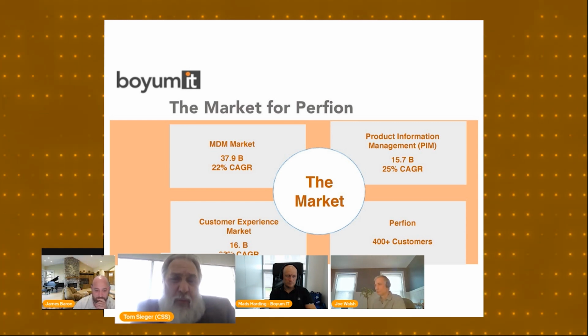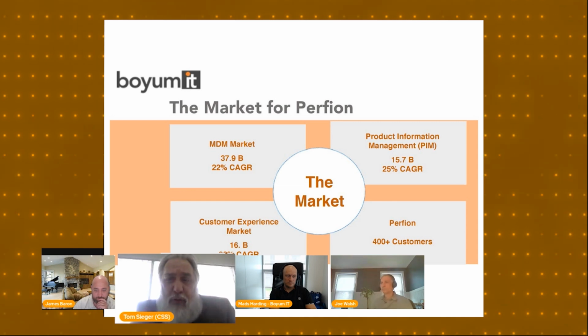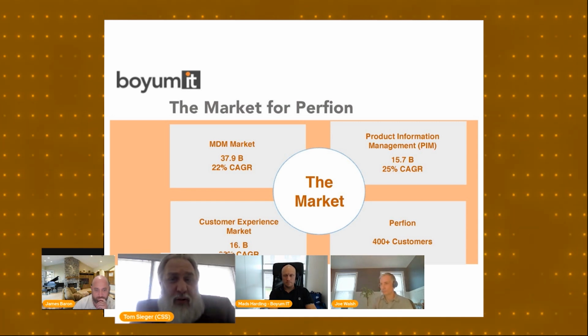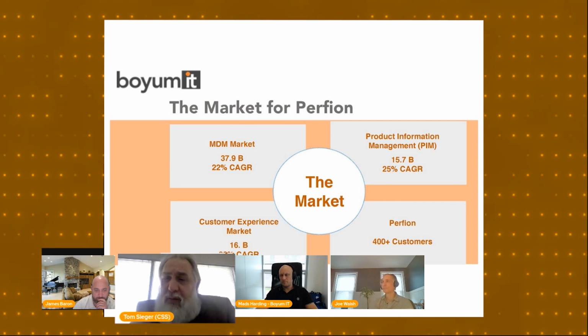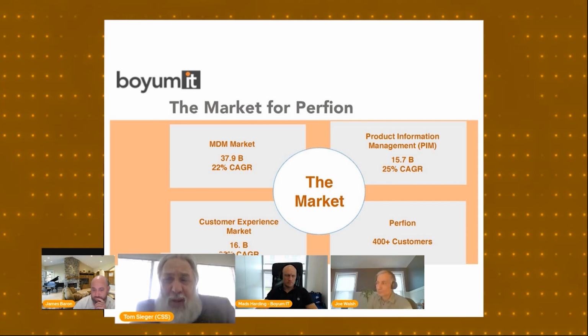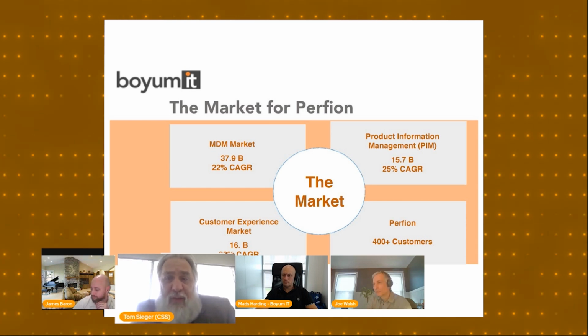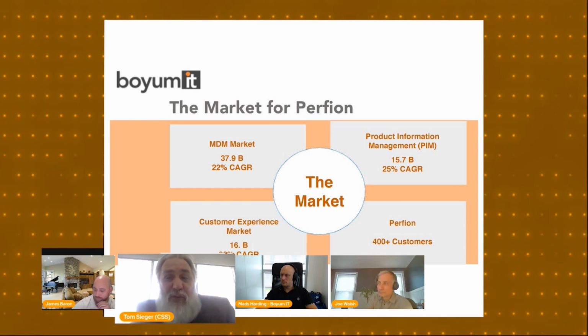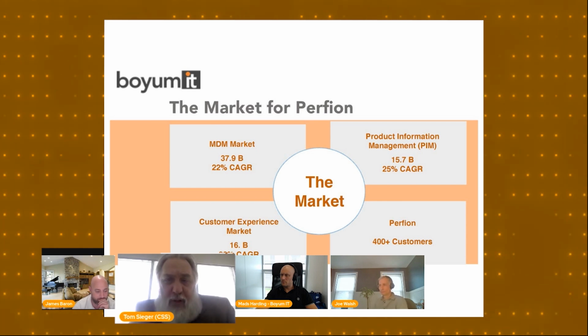These numbers are a couple of years old now, but it's a $37.9 billion market with a 22% growth rate. The product information management market is a subset of that. That's what Perfion squarely fits into, and that's a $15.7 billion market with a 25% growth rate.